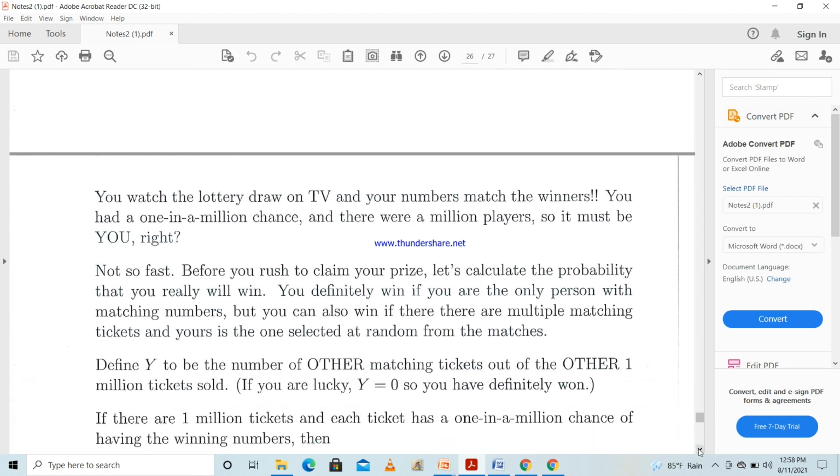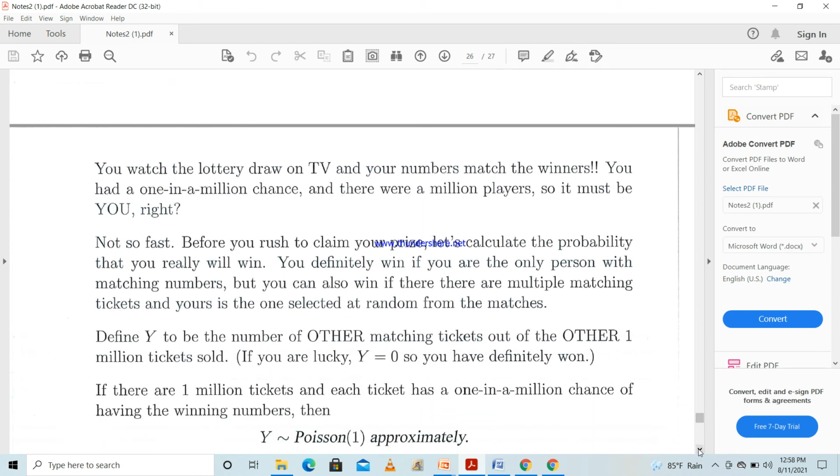So let's say Y is the number of other matching tickets out of the other 1 million tickets sold. You have one ticket with matching numbers. If you take the number of other tickets with matching numbers as Y, if there are no other tickets with matching numbers, you are definitely the winner.